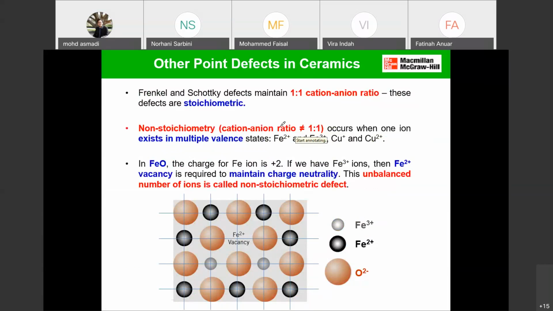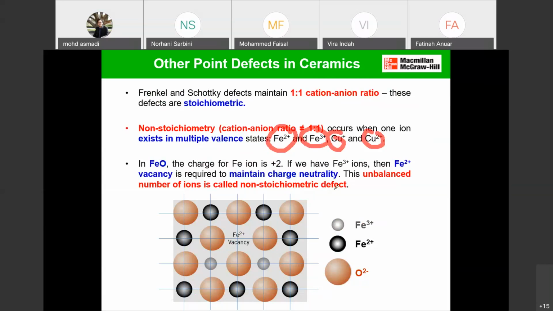For example, ferrum ion 2 plus and 3 plus, copper 1 plus and copper 2 plus. In ferrum oxide, the charge of the ferrum ion is plus 2. So if we have ferrum 3 plus ions, then a ferrum 2 plus vacancy is required to maintain the charge unity.